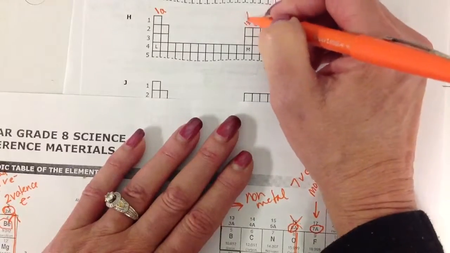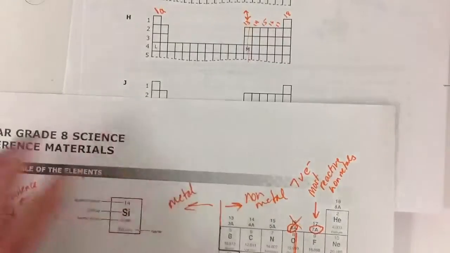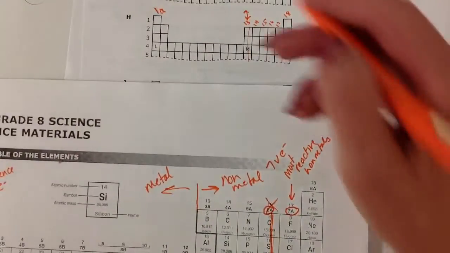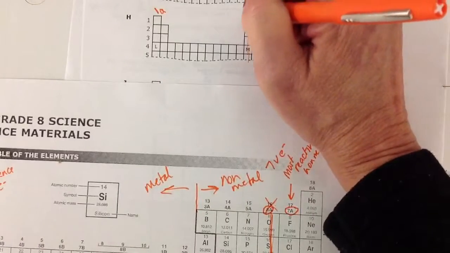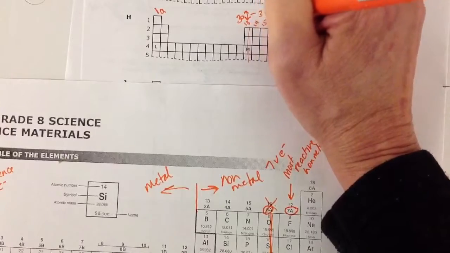It's going to be in group 13, and group 13 has 3A, meaning they have 3 valence electrons.